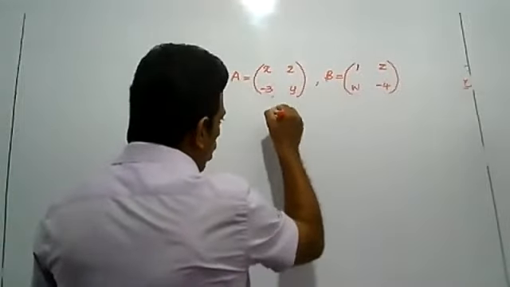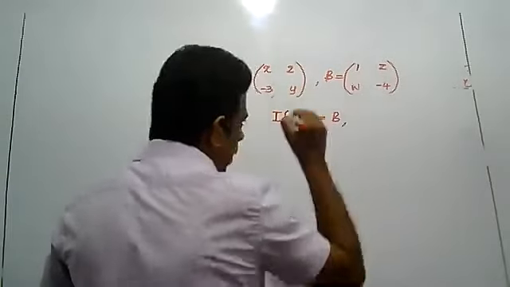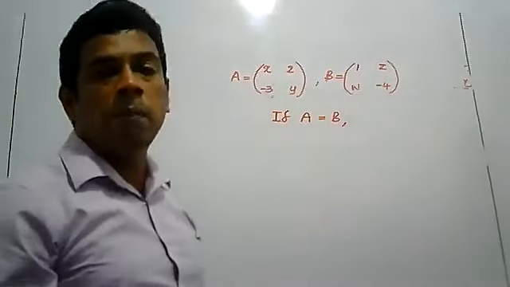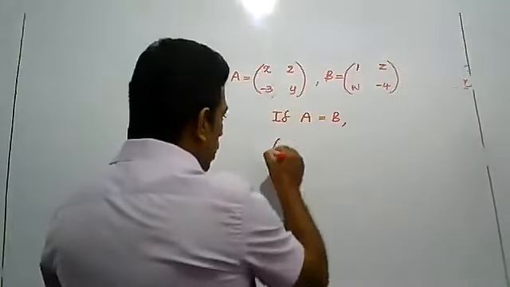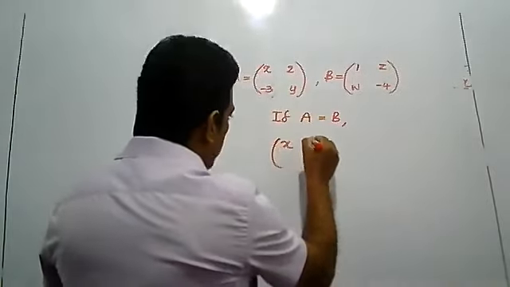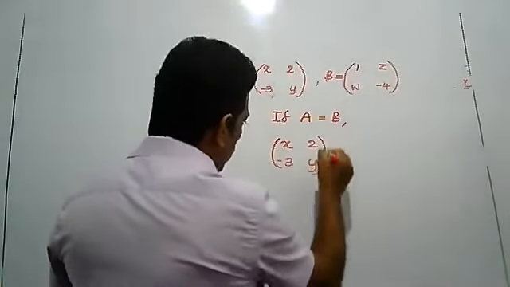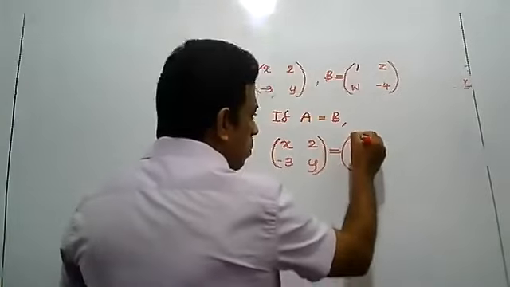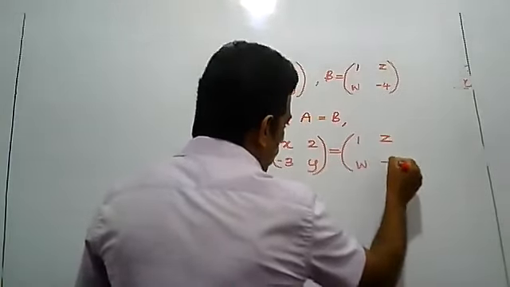Now if A equals B, matrix A, x, 2 minus 3y, equals matrix B, 1, set, W minus 4.